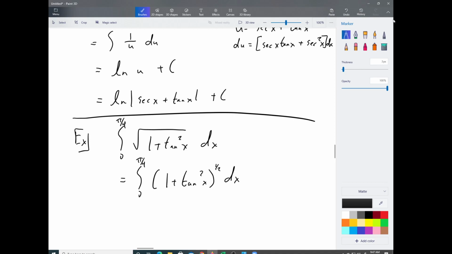If you were to use a U substitution, what would you set U equal to?